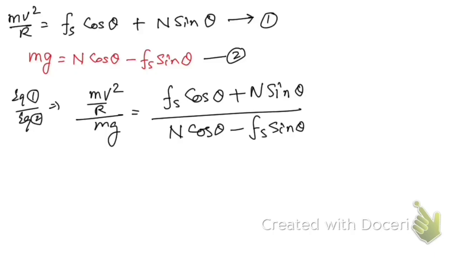So here you see m is gone, so we're going to end up getting v square by rg is equal to, now let us divide both the numerator and denominator by n cos theta.